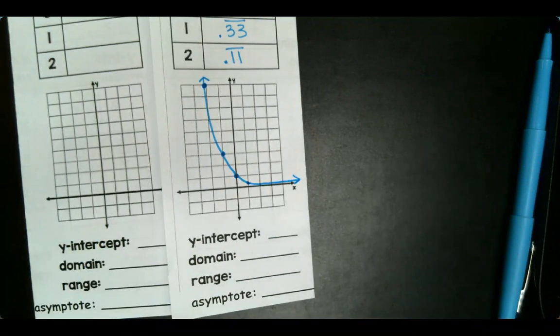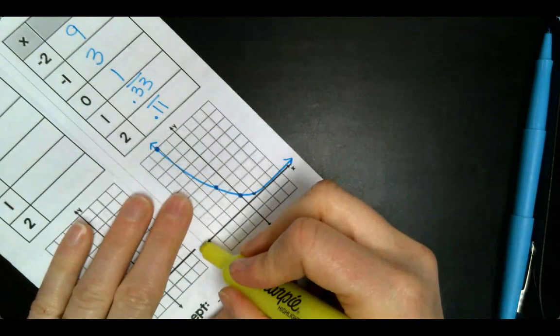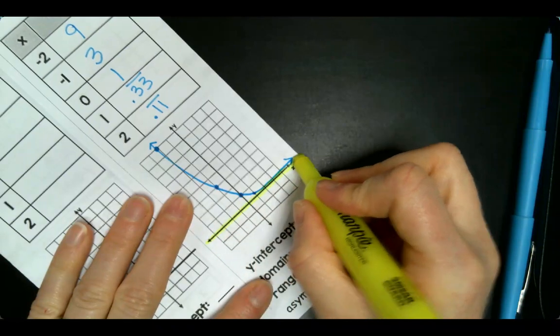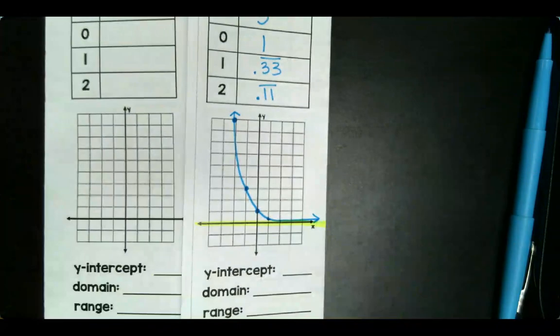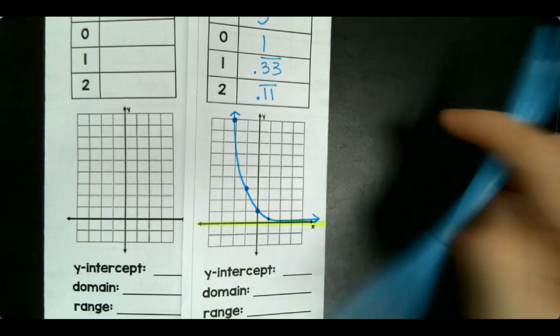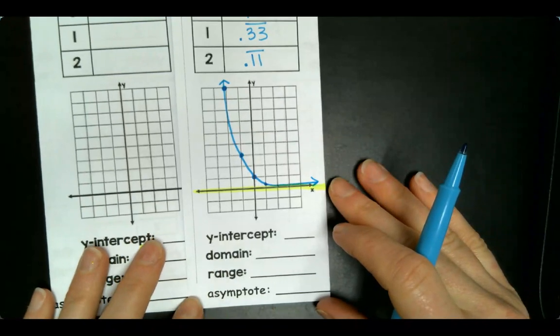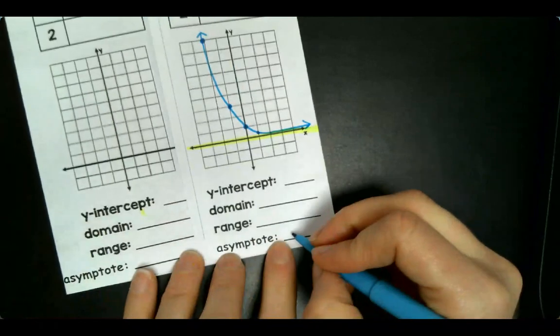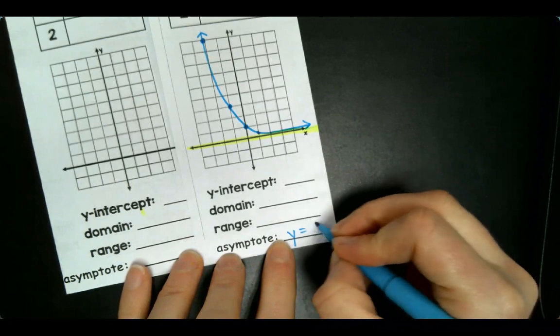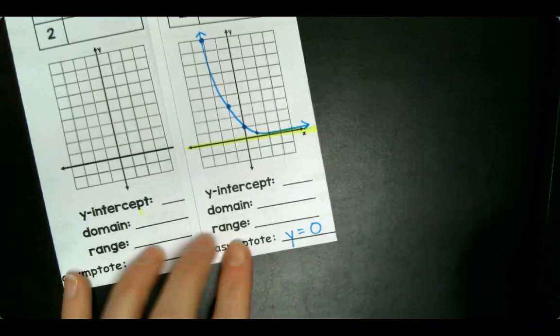And highlight your asymptote. Your x-axis on this one. Yep, it's at 0. So we can go ahead and fill in the asymptote y equals 0. That's where it's at.